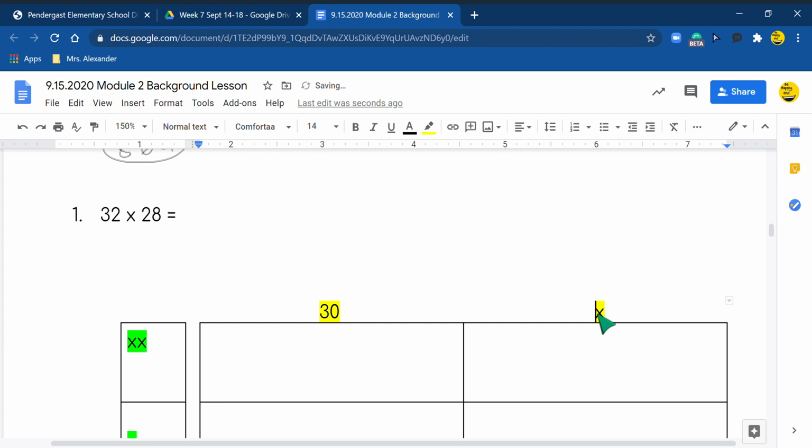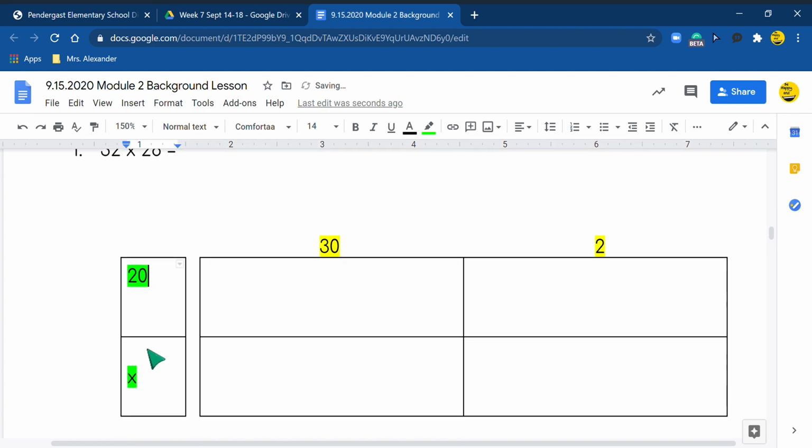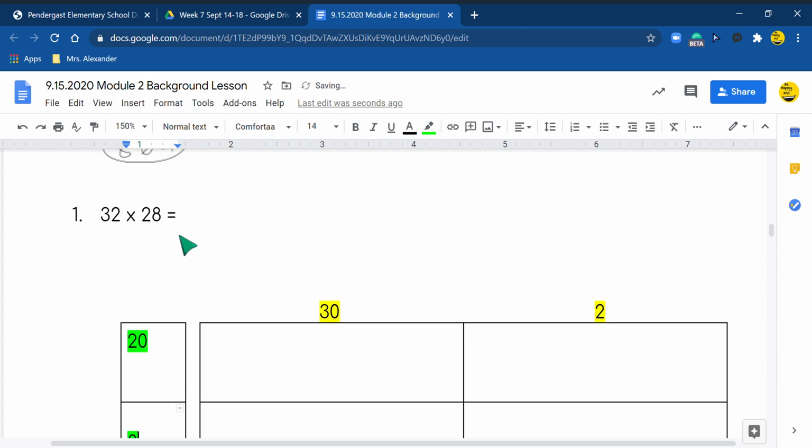And right here, I will write 2. Over here, I will write 20. And here I will write 8. Remember, I've expanded it. So it looks like this, 30 plus 2 times 20 plus 8.